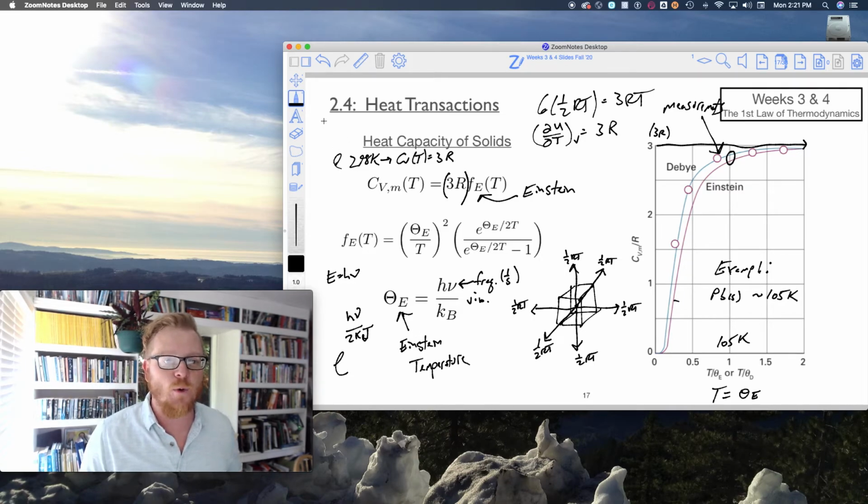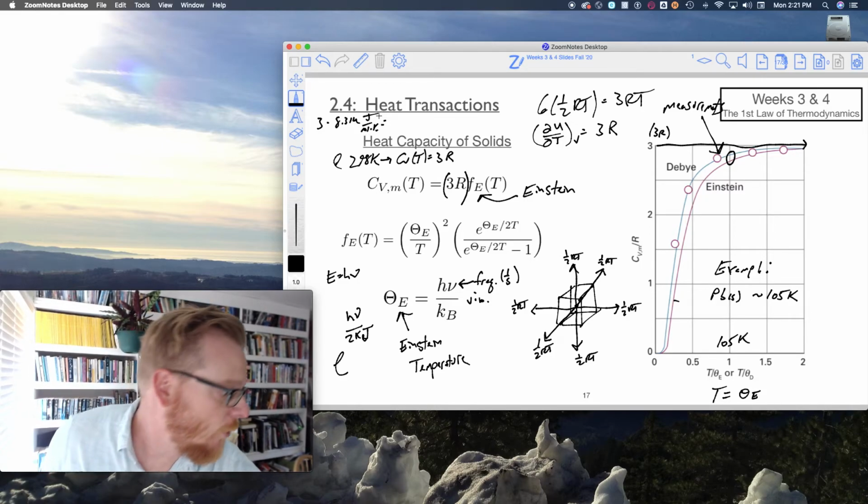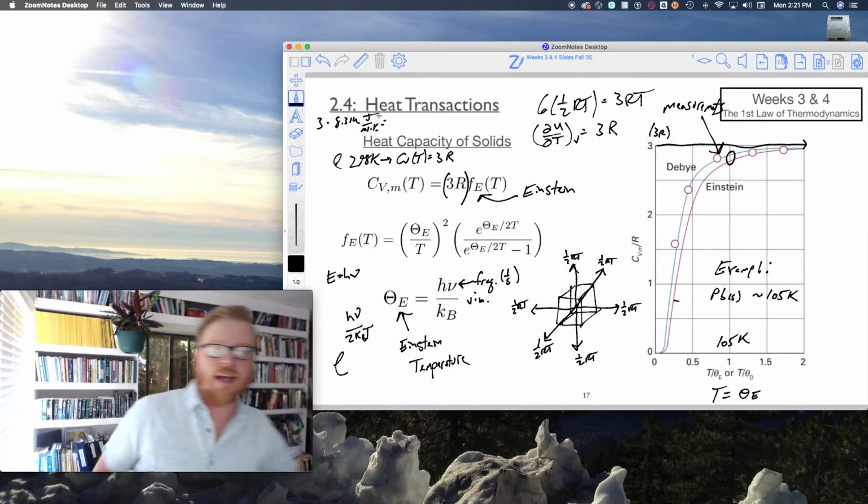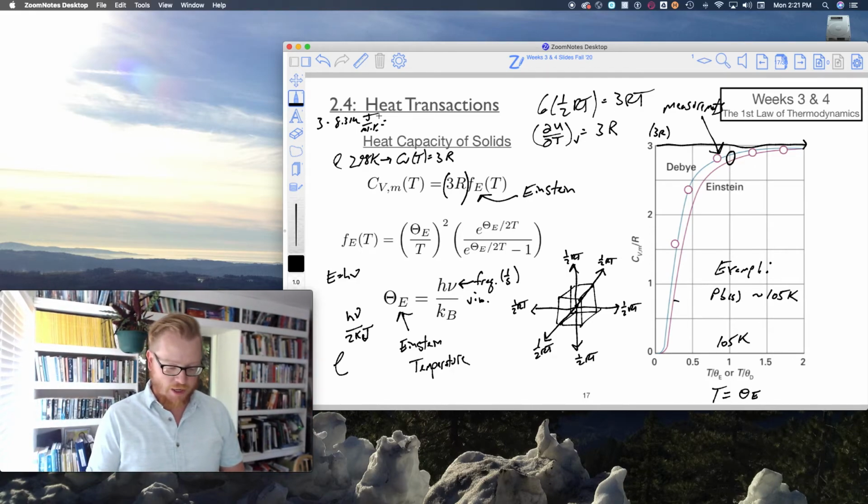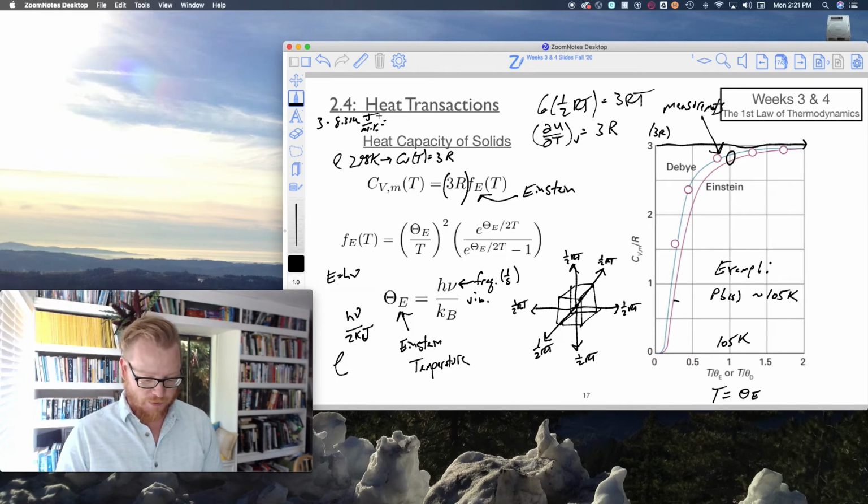Well, check out how this works. It's 3 times 8.314 joule per mole K. I meant to have a calculator out in front of me for this lecture. So 3 times 8.314 gives me about 25 joule per mole K.